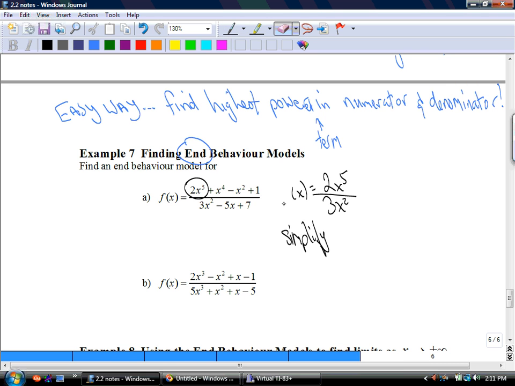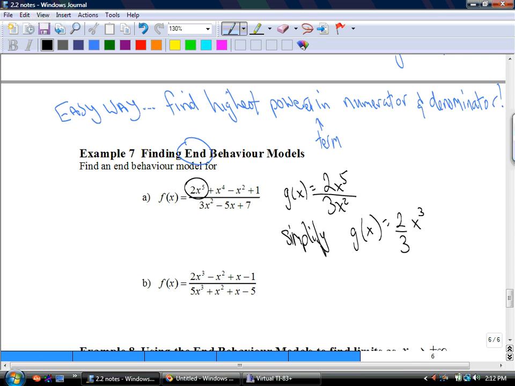Shouldn't be f, we should use some other letter. g. Simplify it. Two over 3x cubed. So as we go out to infinity or negative infinity, that function f of x will basically look like 2/3 x cubed. There won't be much difference between the two of them. They're doing the same thing.